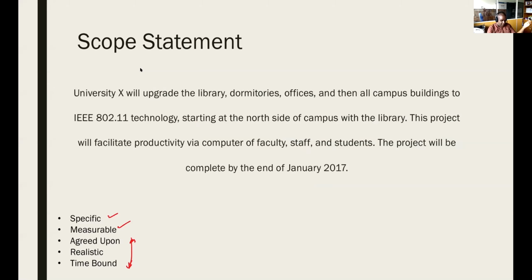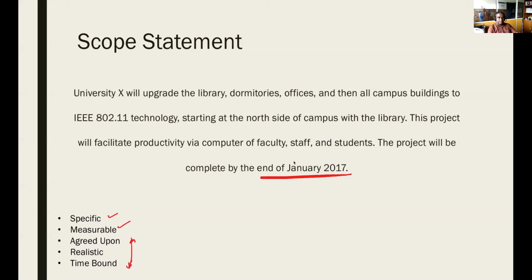But check whether the statement given is specific and measurable. I'll give you a couple of minutes. Is it specific? Time bound, the time is there. Is it specific and is it measurable? Just read and try to understand this.